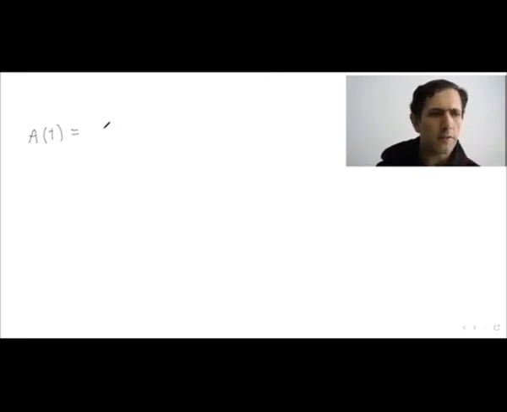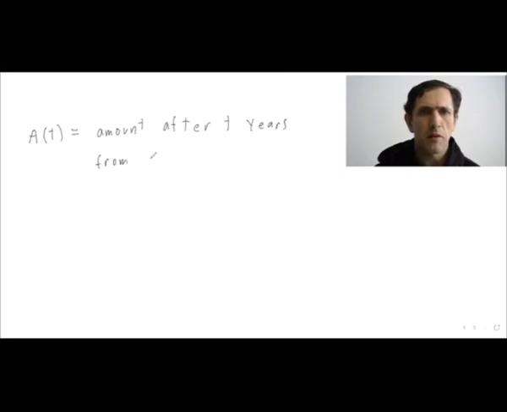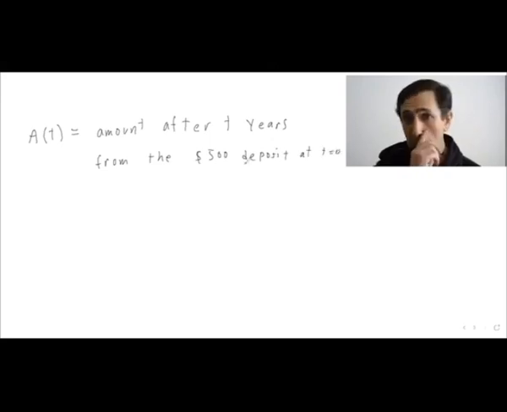So let's say A of t is the amount after t years from the $500 initial deposit at t equals 0. So here t is bigger or equal to 0. We just want to see, in particular, after 6 years, how much the 500 grew.